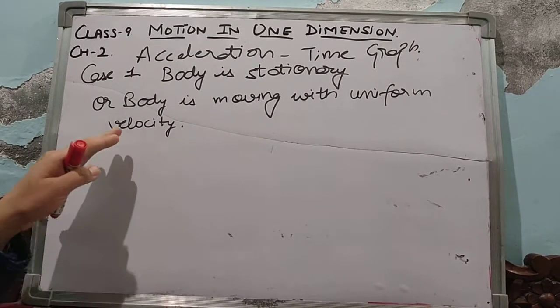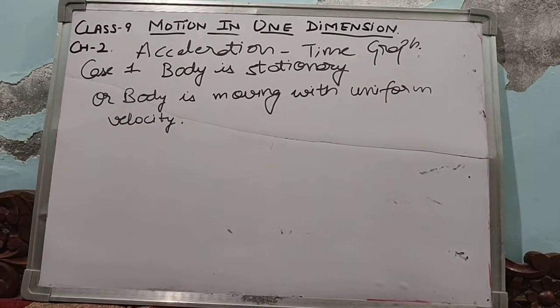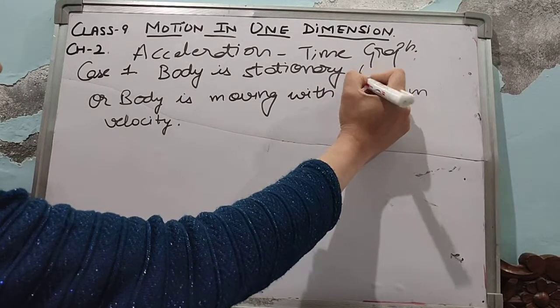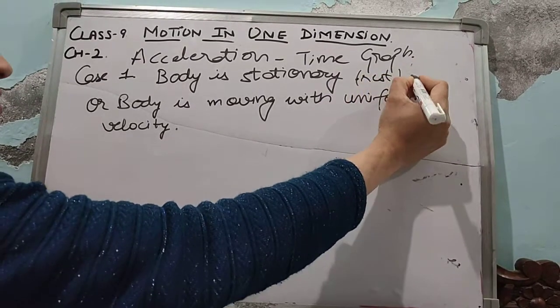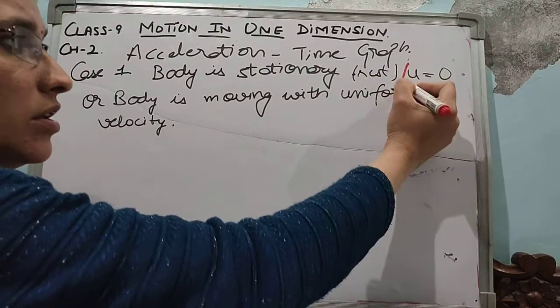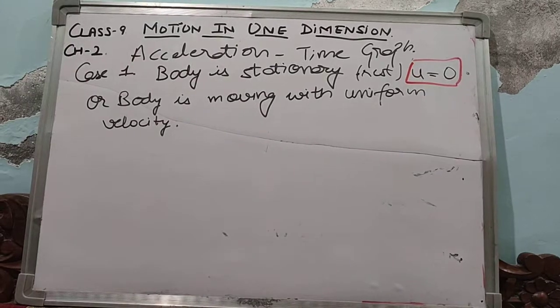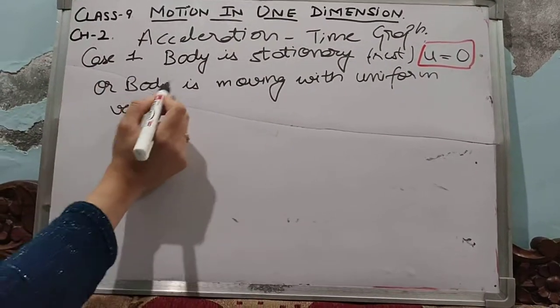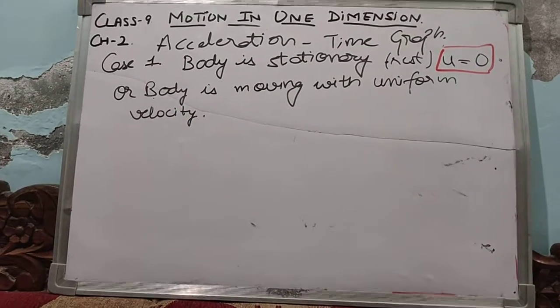When the body is stationary, it means the body is at rest. In that case, your initial velocity u is equal to 0. Second, this is the first case only, or it may happen that the body is moving with uniform velocity.